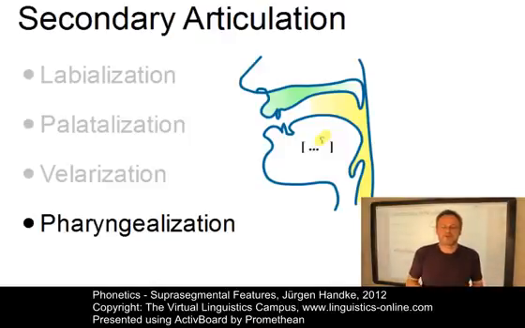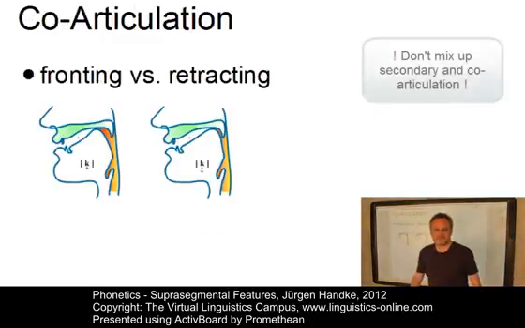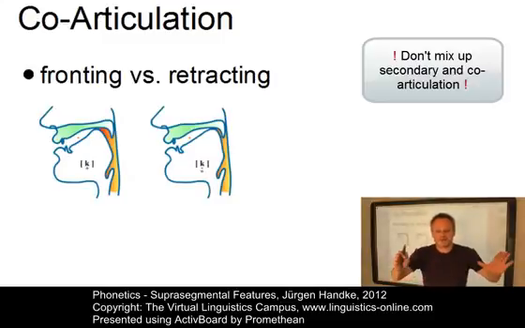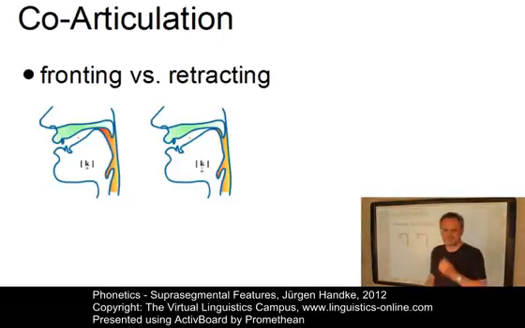Now secondary articulation, which often stretches over several segments, should not be mixed up with co-articulation. Co-articulation requires that two articulatory postures are of equal rank. Here are two examples. The first one draws a distinction between fronting and retracting.